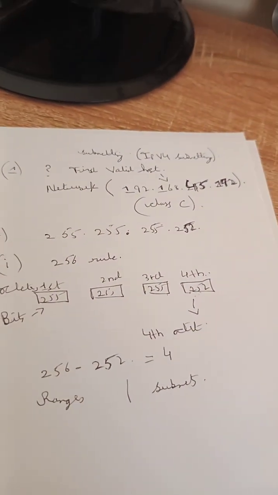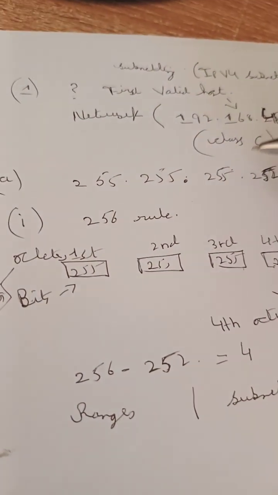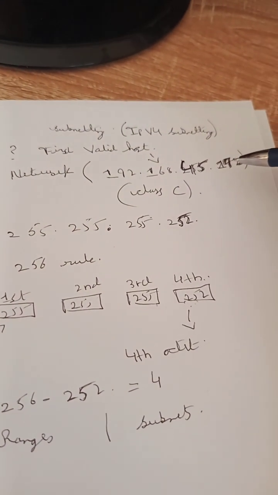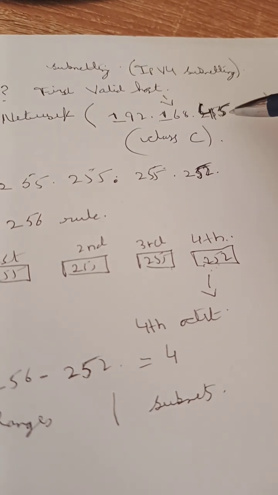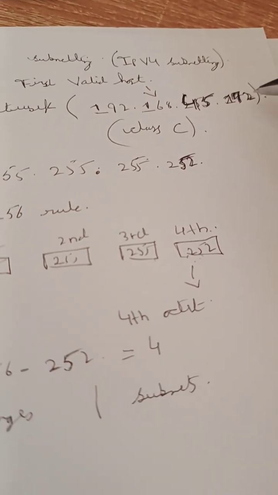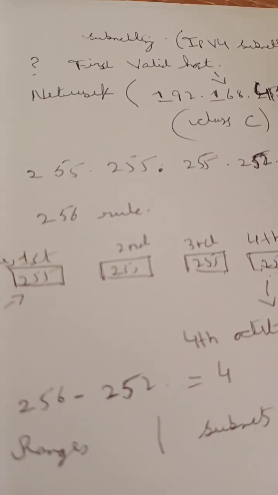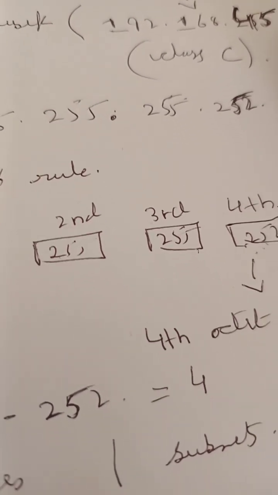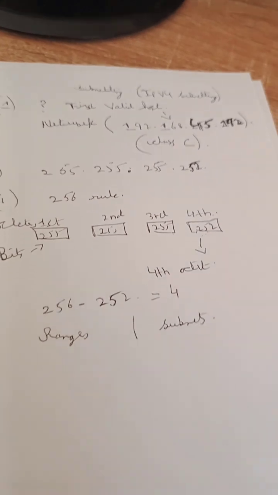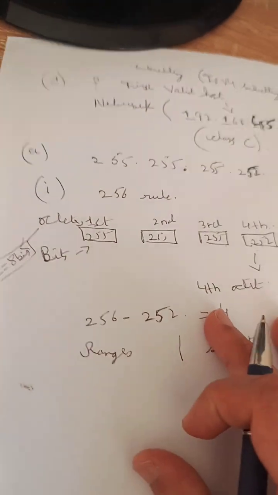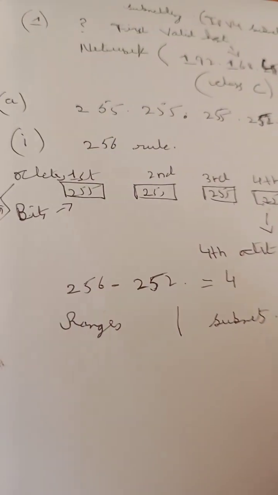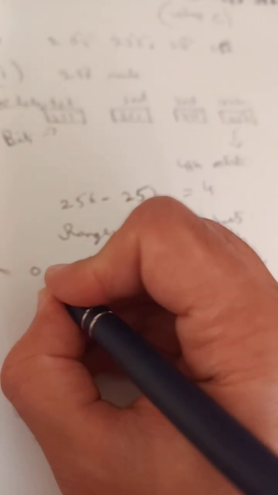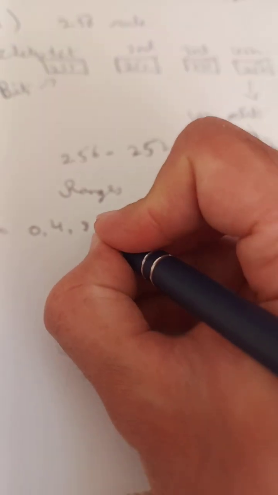Right, now it looks all okay. So that was a network that was given: 192.168.45.170. Right, so now we come back here, check the ranges. We already got 4 here, and we just copy our ranges here. 0, 4, 8.